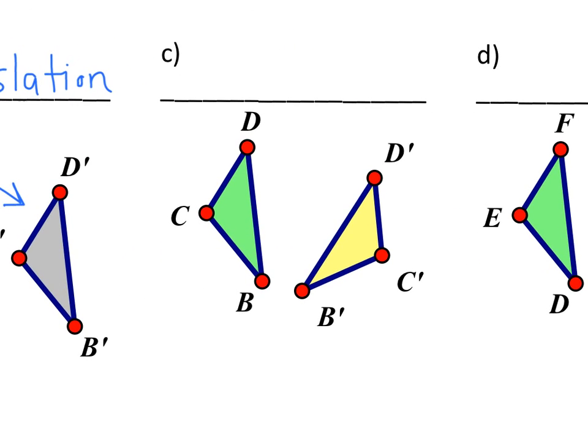In question C, it looks like a perfect mirror image over a line similar to that. I'm going to redraw that line of reflection because I did not like it. That's not perfect either, but you get the idea that that triangle DCB is being reflected to make D prime, C prime, B prime. So that is a reflection.